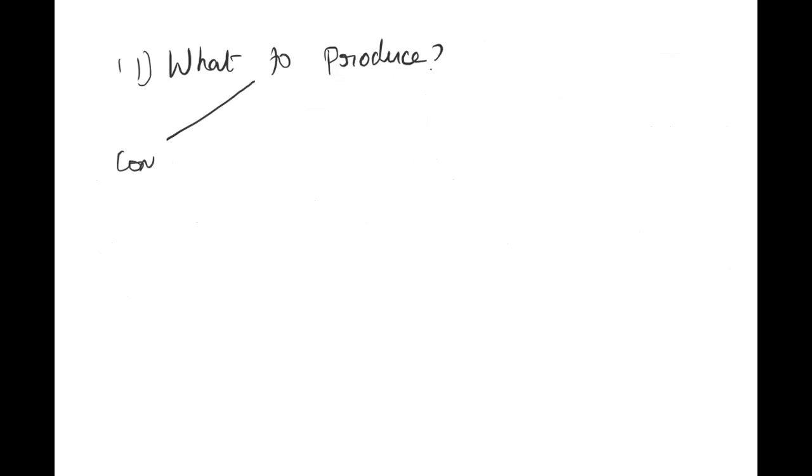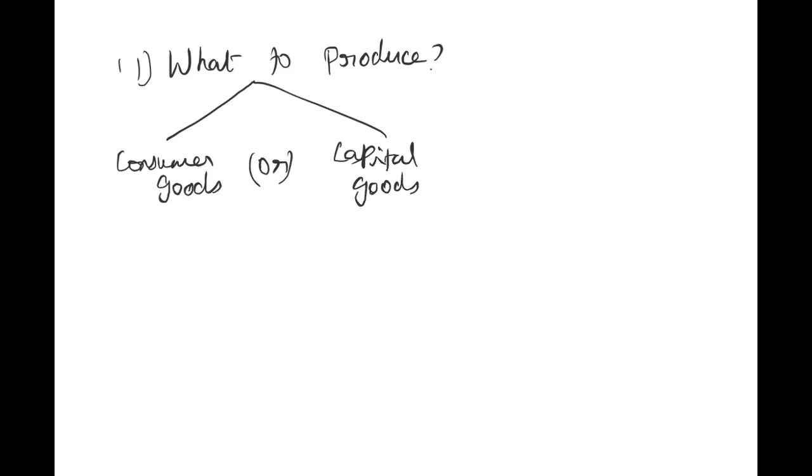You can broadly categorize them as consumer goods or capital goods. In the next section you will have the meaning of all these goods, and at that time I will explain clearly what consumer goods and capital goods are. For the time being, if I say car, it is a consumer good. Whatever machinery is used in the production of the car comes under the category of capital goods.